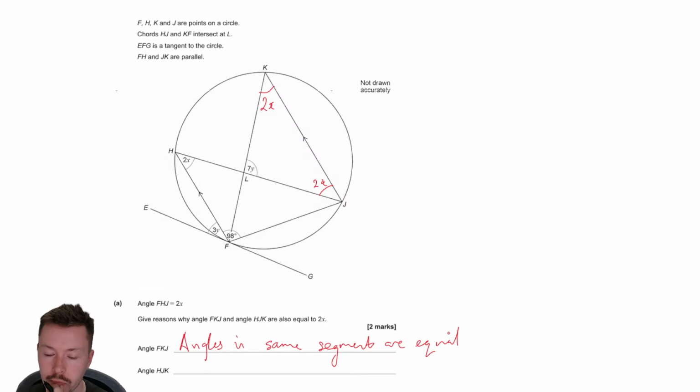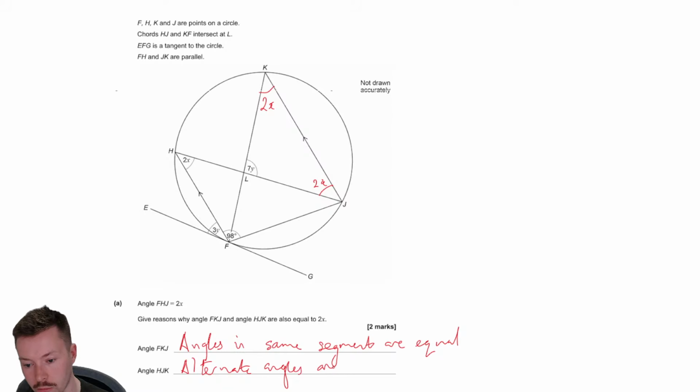And then for that other one, because we've got parallel lines here, alternate angles are equal. Right, work out the values of x and y. Okay, so we can make one equation from this one.